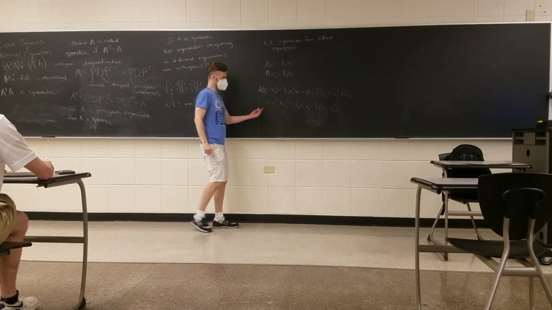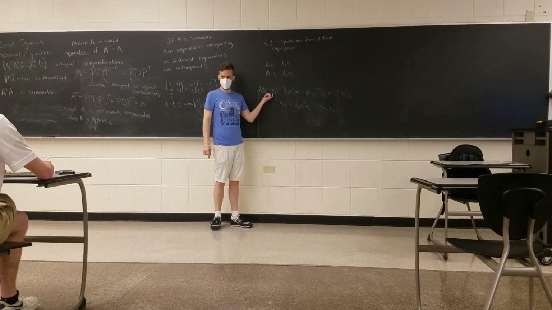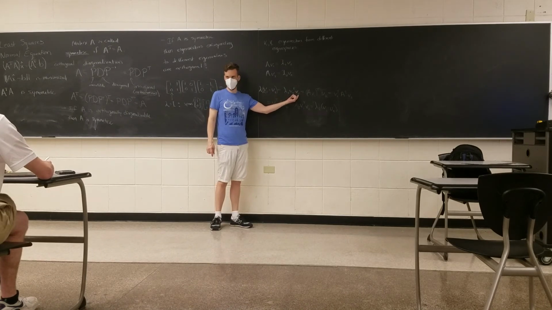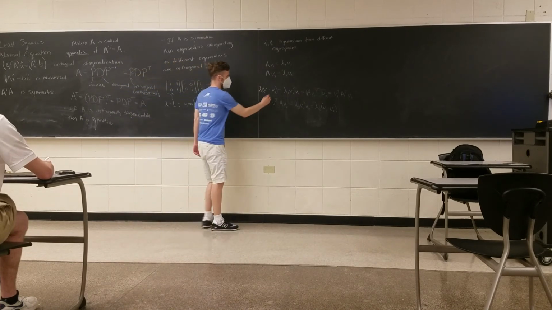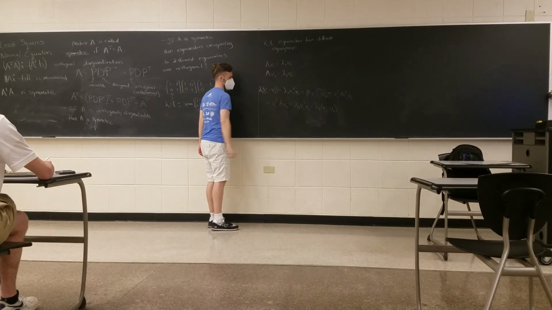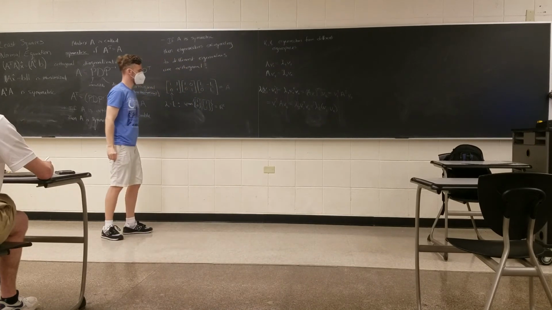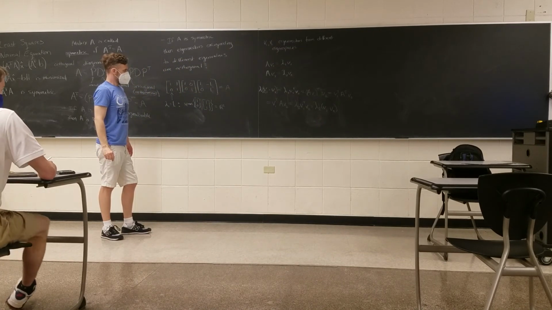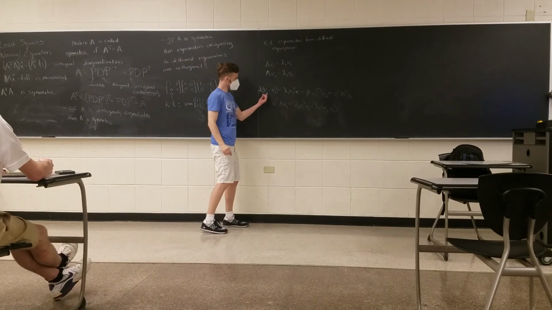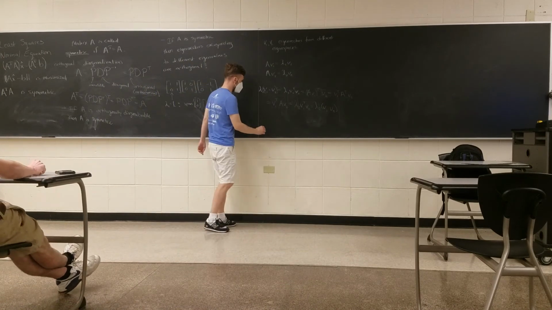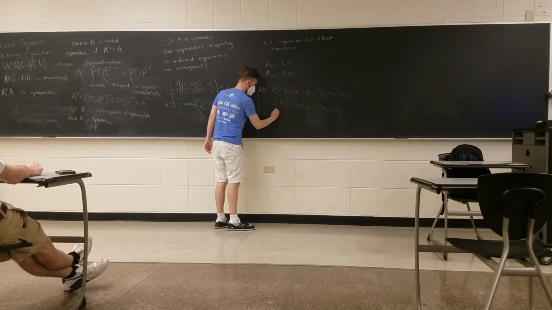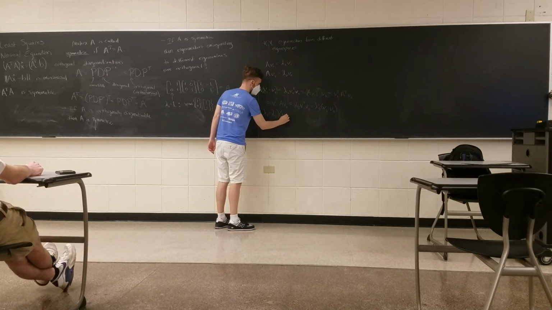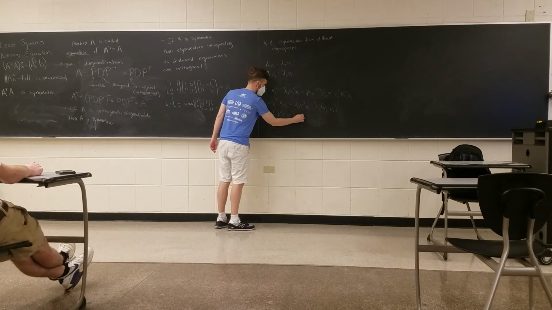With the mental note in our head that this thing right here is actually a matrix that we're just treating as a scalar, so quotes around the equals. Okay, so if we subtract one side from the other, we get lambda 1 minus lambda 2 times v1 dot v2 is equal to 0.